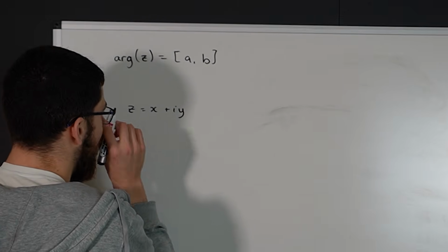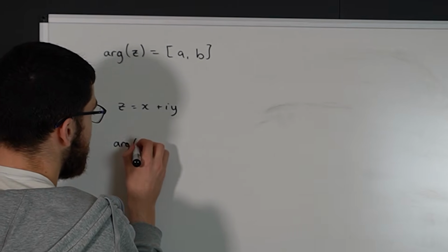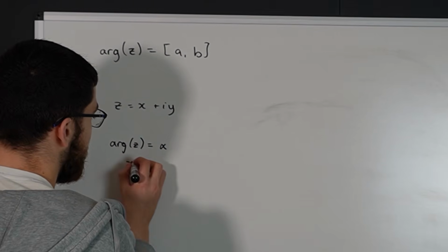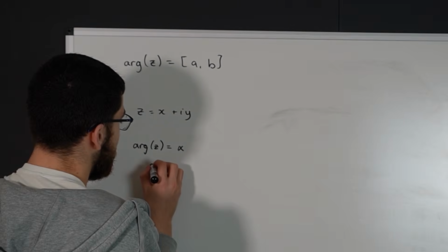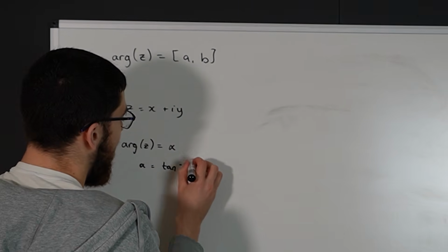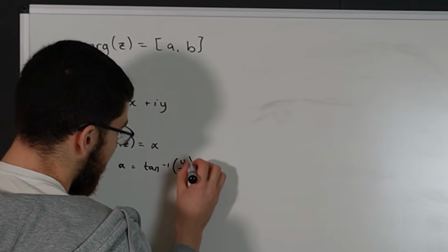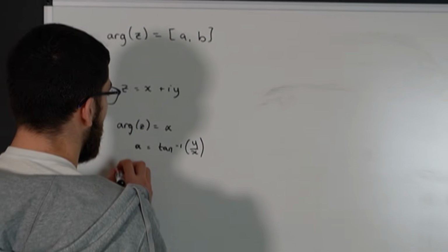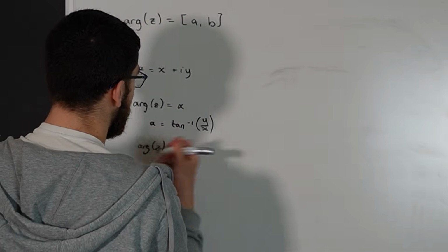So if arg of z is, let's say, alpha, then alpha is arctan of y over x, because that's how you find the argument. And then if you have another one, arg of z equals beta for the b.